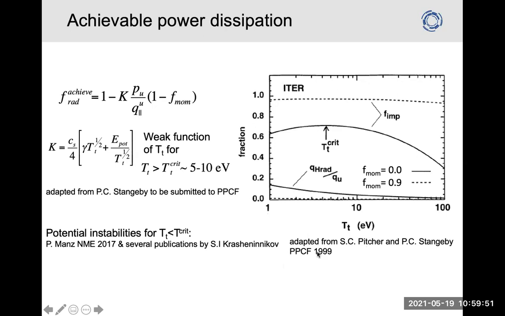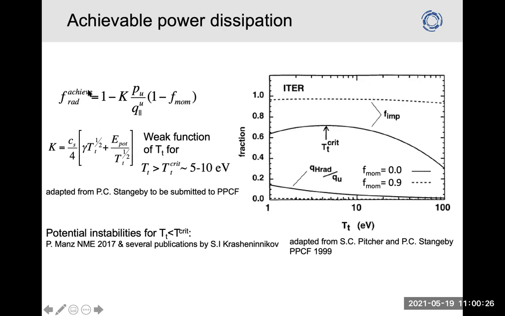So a long time ago. However, it's quite instructive. So if you use some simple analytic equations that describe the relation of an upstream location to the target pressure, that make some estimates on how much power you radiate from recycling or how much power you need to recycle neutrals, you can come up with a relationship that is written up here.